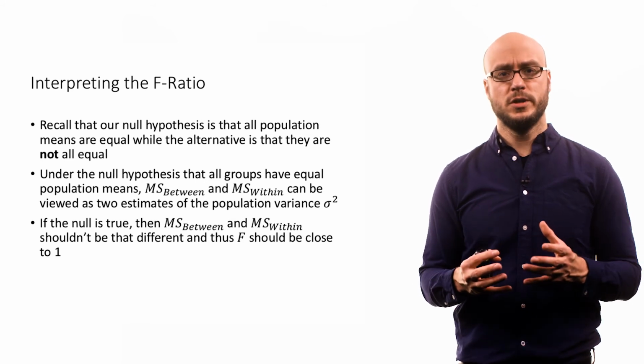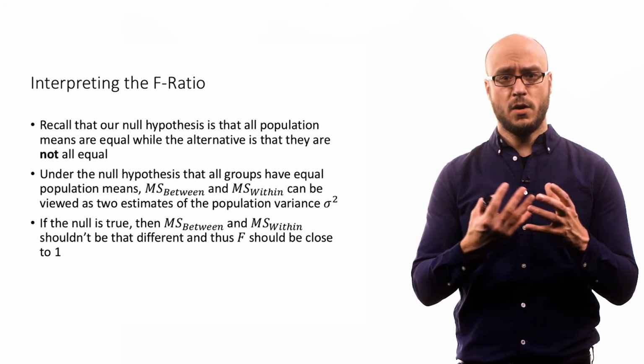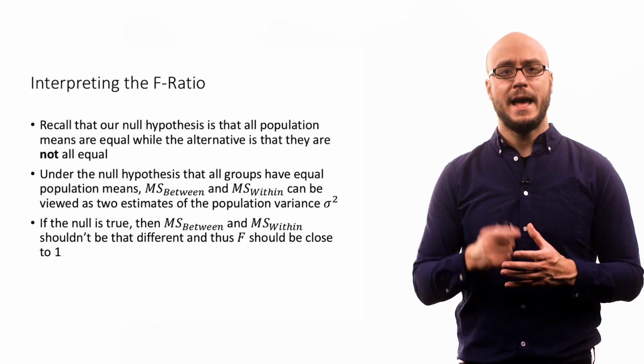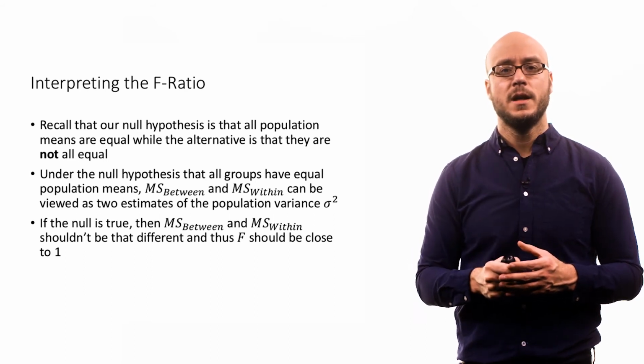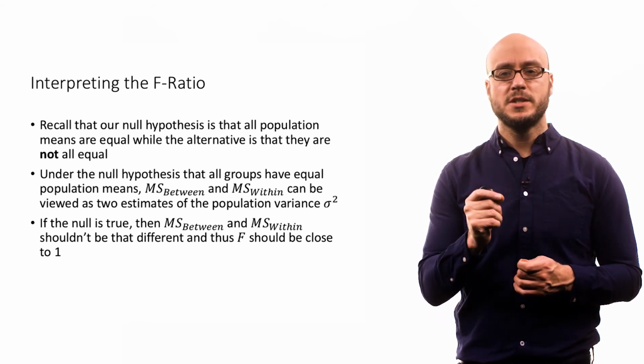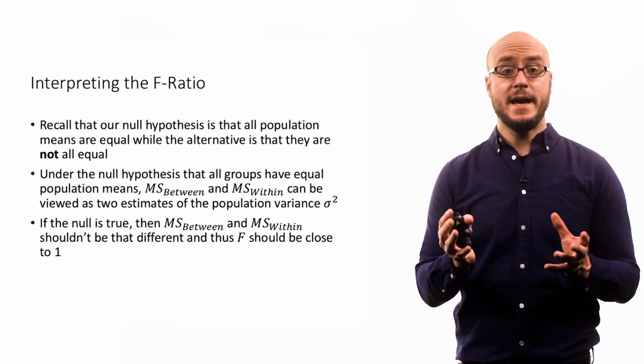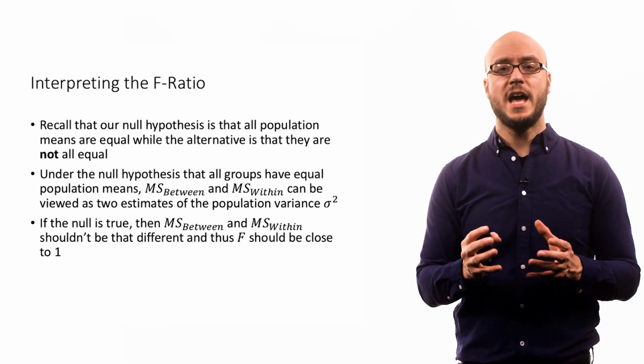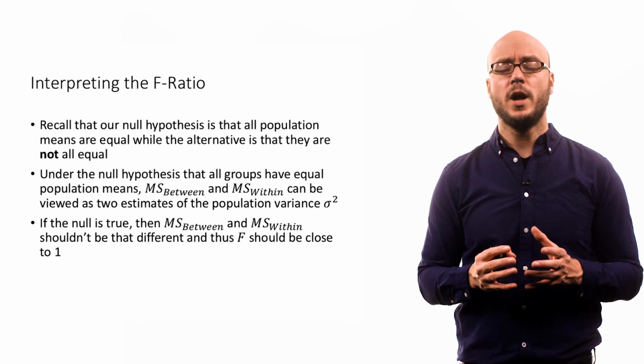If the null is true, if all these different groups have means that are equal, then the mean squares between and the mean squares within shouldn't be that different. And thus the F ratio should be really close to 1.